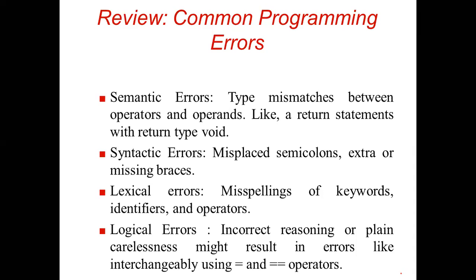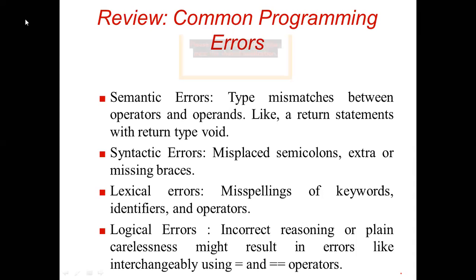And another is called the logical errors: incorrect reasoning or plain carelessness might result in errors like interchangeably using equal and double equal operators. Sometimes you want to use the double equal sign, and in place of that, you are typing only a single equal sign.